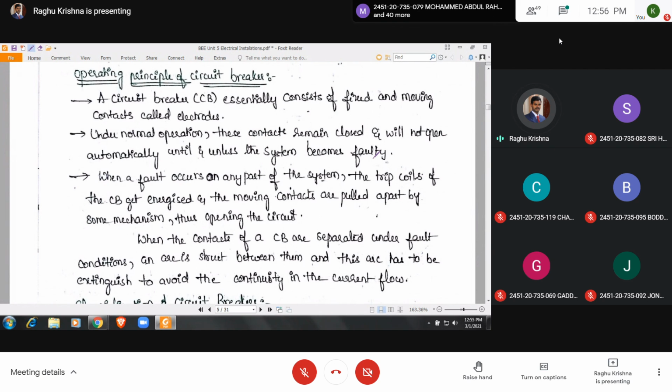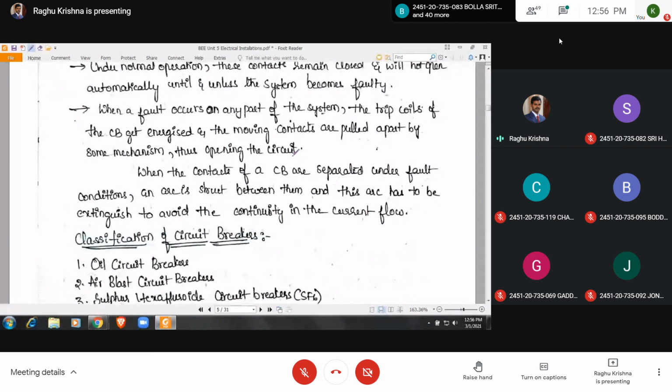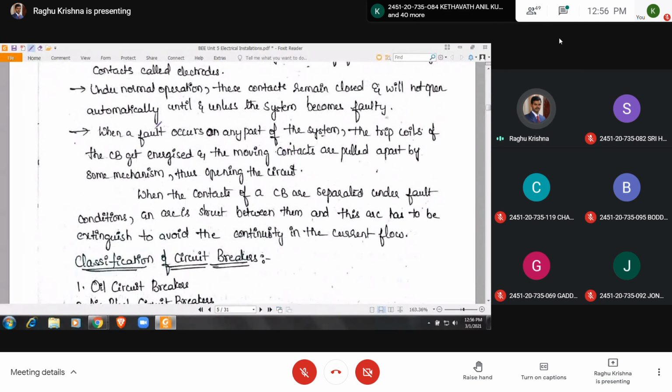Under overload and short circuit conditions they open automatically, and under normal conditions they remain closed.